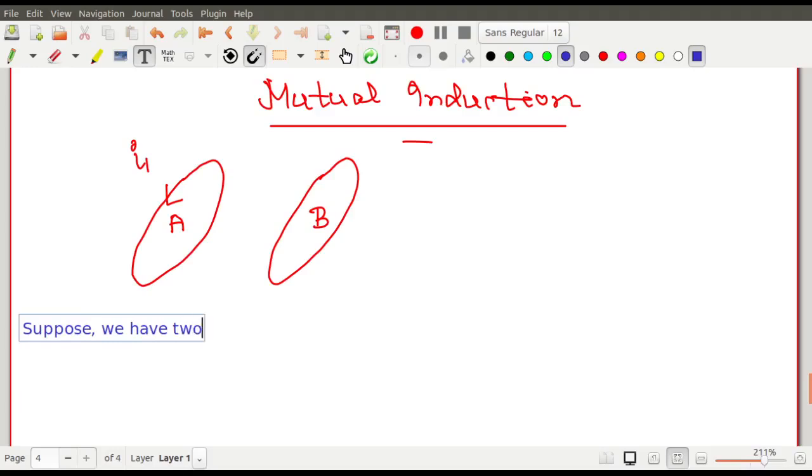Suppose we have two closed loops, capital A and B, placed close to each other.